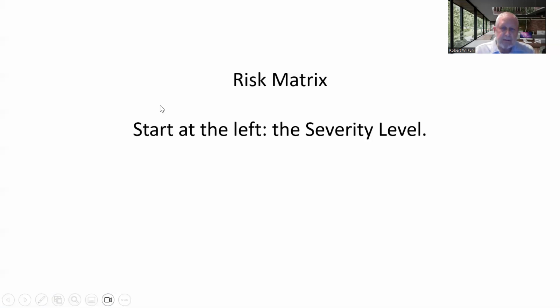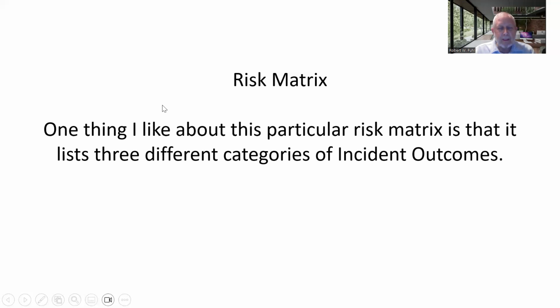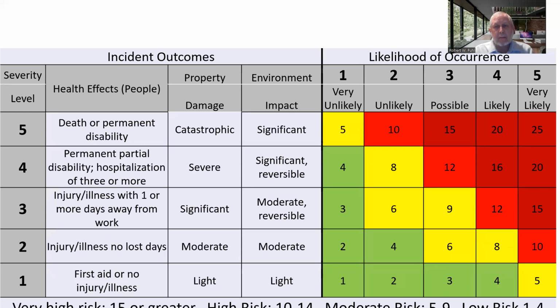So we start at the left, the severity level. One thing I like about this particular risk matrix is that it lists 3 different categories of incident outcomes, because the hazard that you're looking at might not be to people. It might be to property. It might be to the environment, the hazard. Most likely it's going to be for the first one, to people. That's what we're mostly concerned about in safety, but it happens.